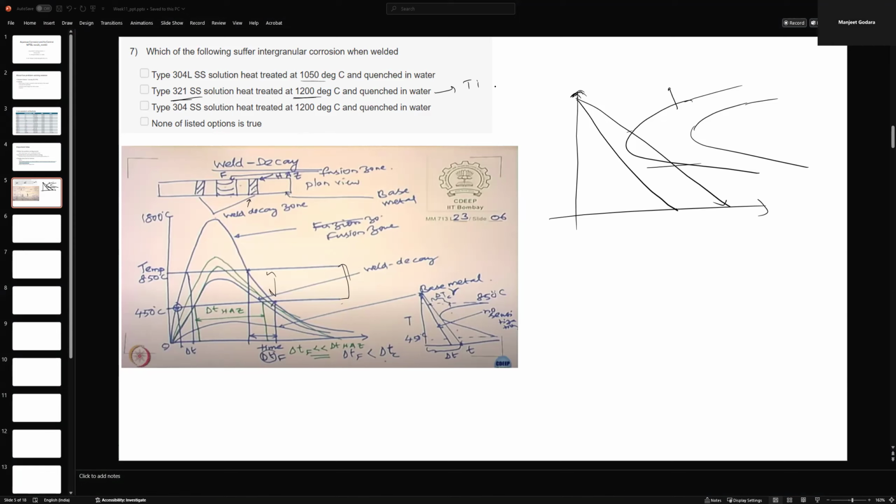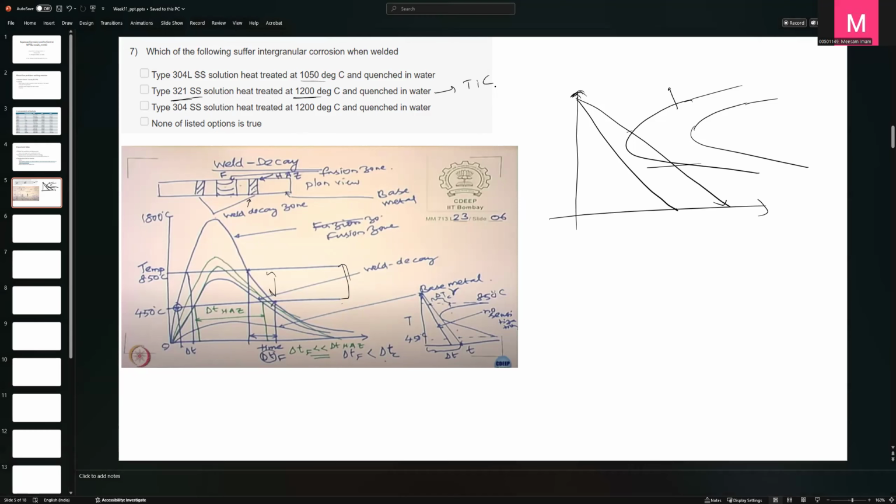If we are quenching it through water, then the cooling rate will be so fast that no carbide will be formed. It will pass the sensitization zone very quickly.